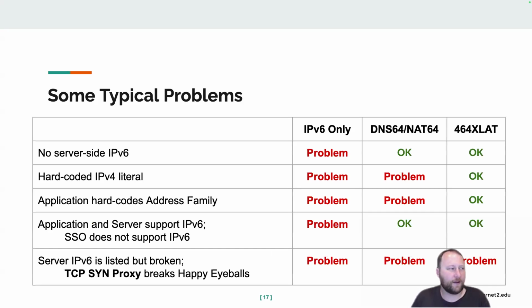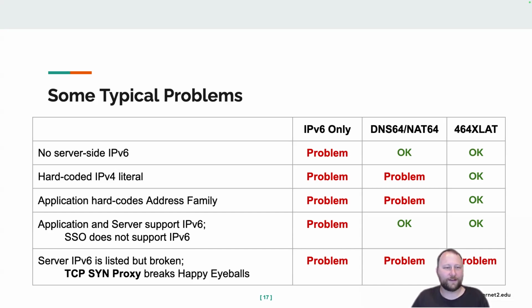So there are some typical problems you might run into when you have different environments. Obviously, with an IPv6 only network with no translation mechanisms, if there's not server-side IPv6, it ain't going to work. As you start to go into NAT64 and DNS64, some of those problems go away, but others still exist. And some of those problems can exist in dual stack networks.